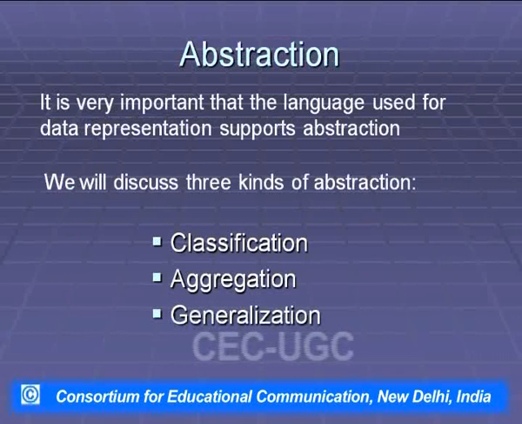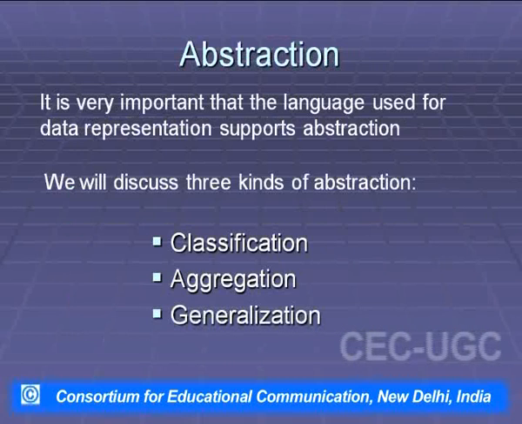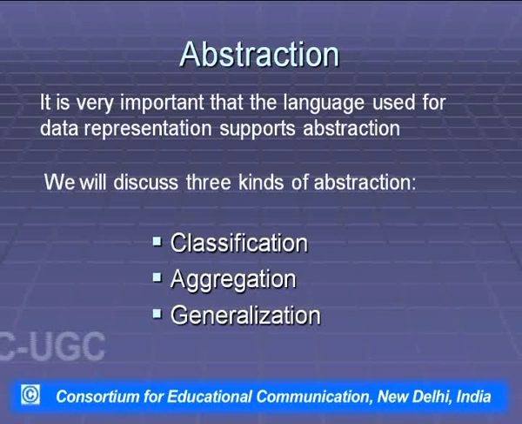Abstraction. It is very important that the language used for data representation supports abstraction. We will discuss three kinds of abstraction: classification, aggregation, and generalization. These things are going to be discussed.